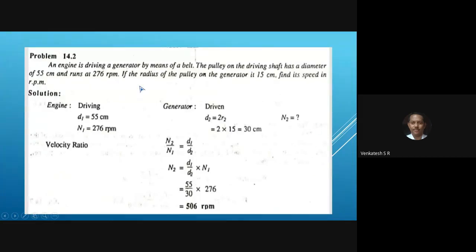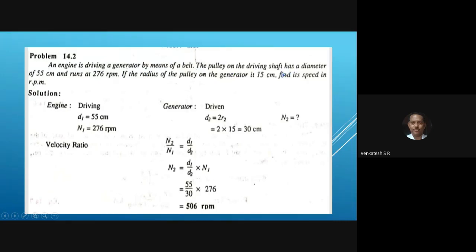An engine is driving a generator by means of a belt, full stop.